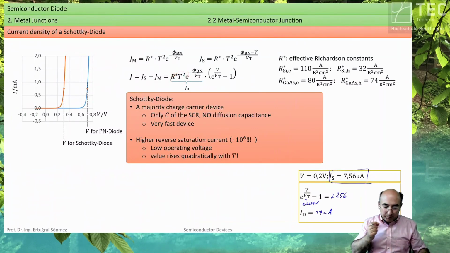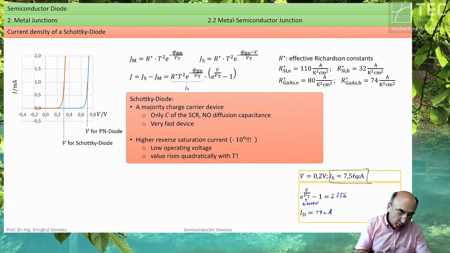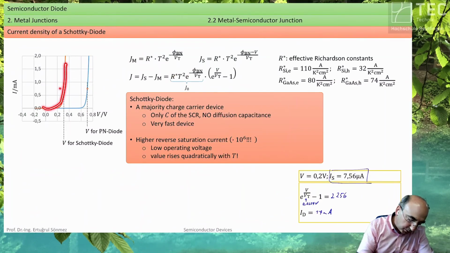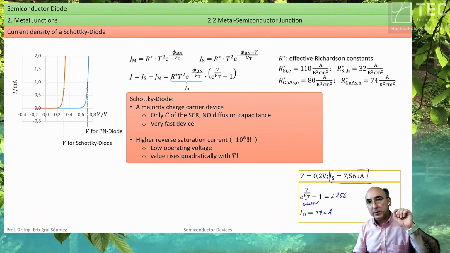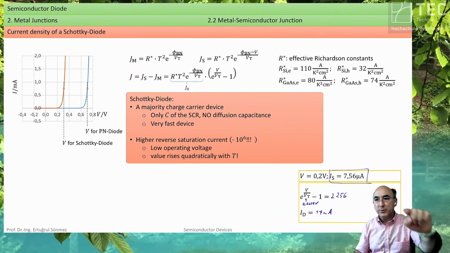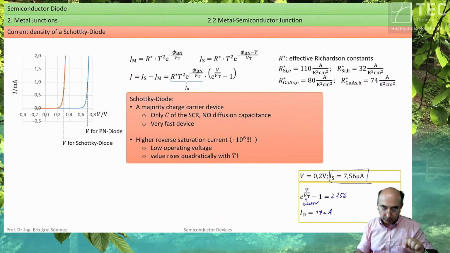Therefore, if you have a hot environment, you can't use a Schottky diode, although you would require the low voltage levels. Therefore, you have to define where you need it and where you can't use it.